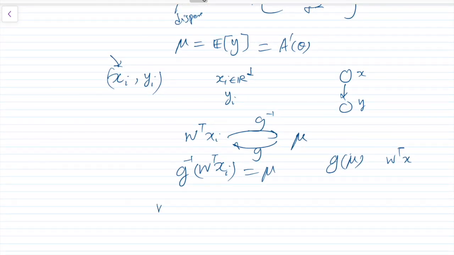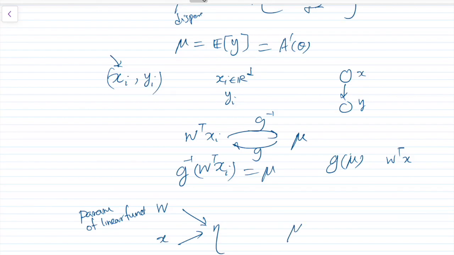I have some parameters that I don't know, the parameters of my linear function. I have some features, and they get linearly combined and produce something else, call it eta, which is just W transpose X. It's just a scalar, right?